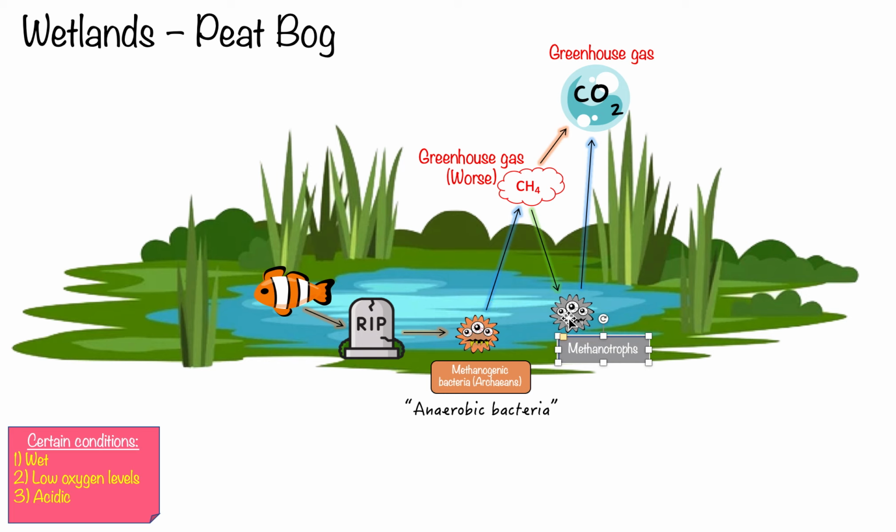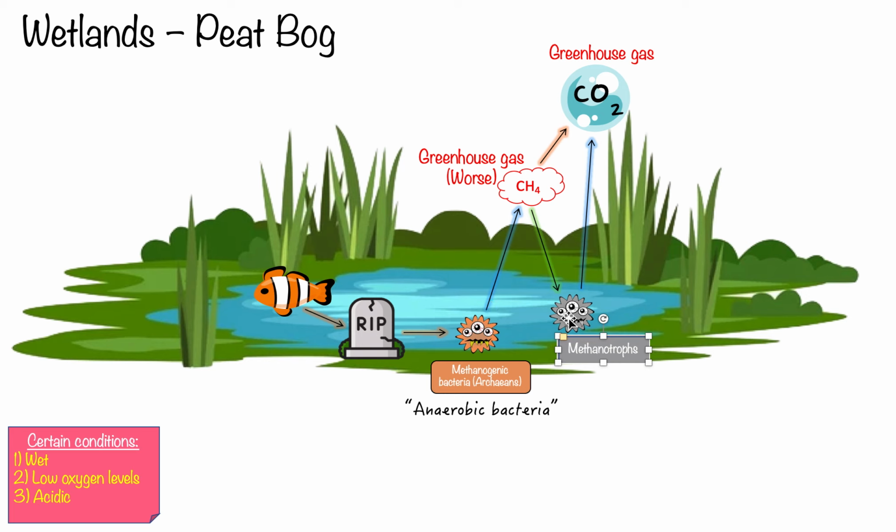Now, in the process of removing it, these methanotrophs make CO2. So again, this also adds to the carbon cycle. I hope this makes sense. So as a summary, in a certain environment, organisms die, but because of these harsh conditions that aren't normally present, they cannot be broken down by normal aerobes, so they are broken down by anaerobic bacteria.